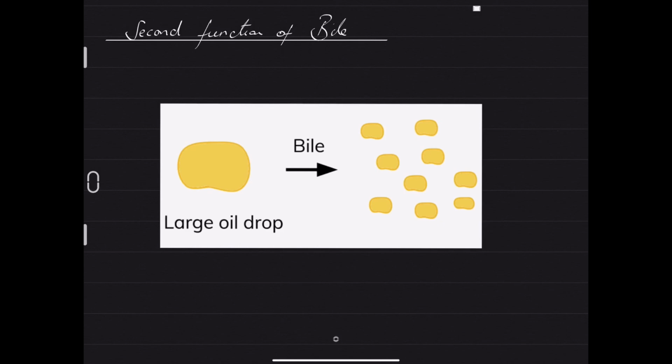So this is simply just separating it out from a large globule to smaller globules. This provides a bigger surface area for the lipase enzyme to work, and the enzyme itself will start breaking down the fat molecules into its fatty acids or glycerol, as we looked at before, as we looked at how to make up fats. The enzyme will break it down into its constituent parts.